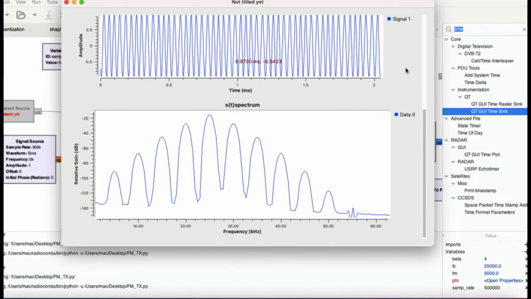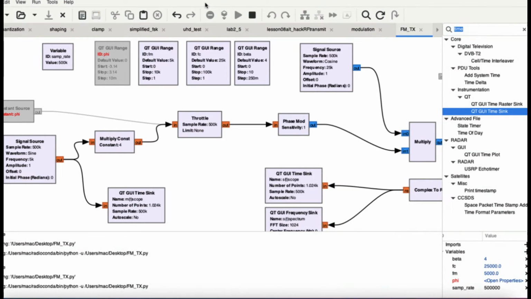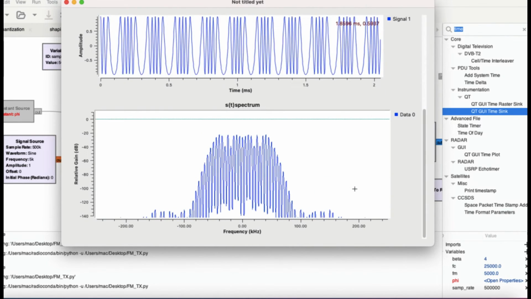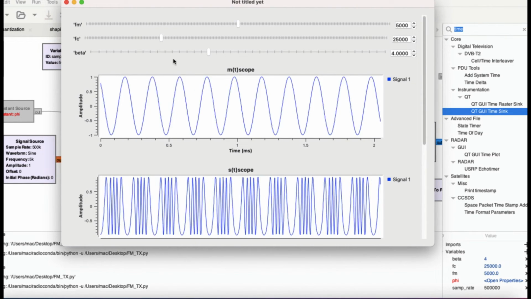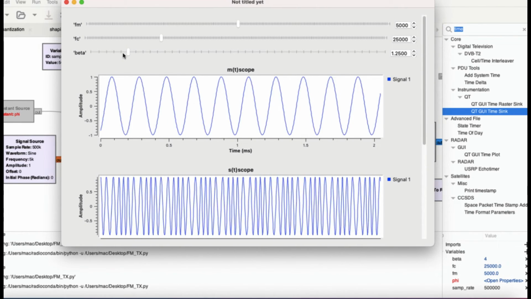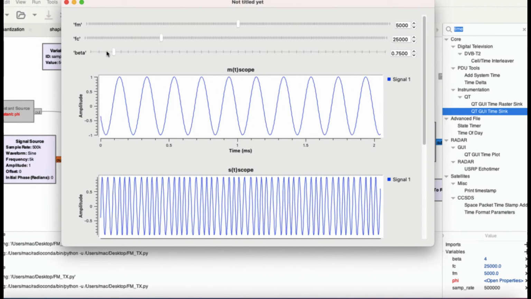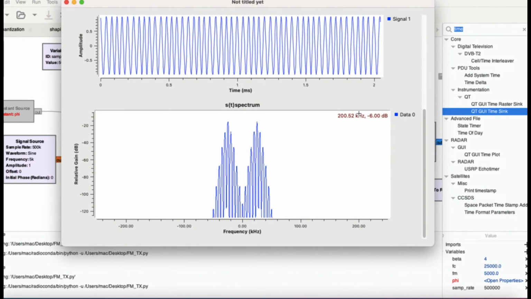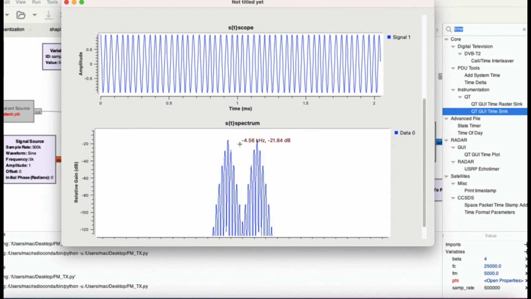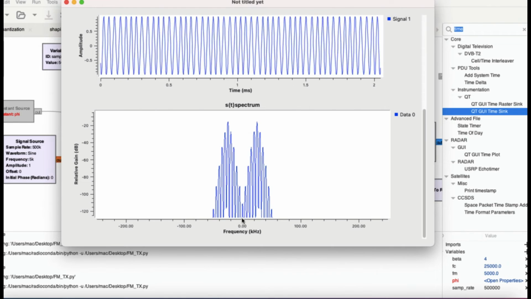Now, if you were to zoom out from here, let me rerun this flow graph. Let's look at this graph again. So 0.4. Let's go to 0.5 again. When you generate this graph, we don't care about what's going on at negative frequency.